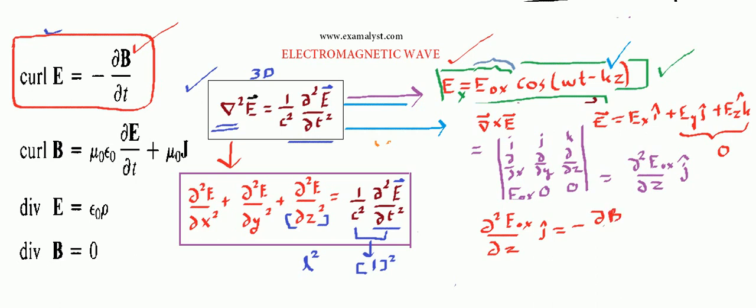This is very important, because from here we find that the direction of this B vector is in the direction of j, that is, the y-axis.